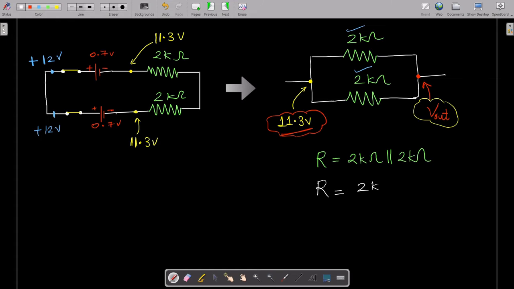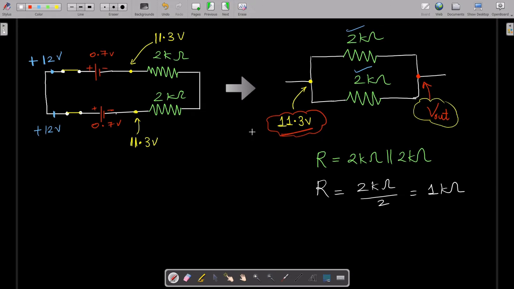So 2k ohm divided by 2 comes out to be 1 kilo ohm. So rather than having these two resistors, now you can represent the whole circuit in this way.